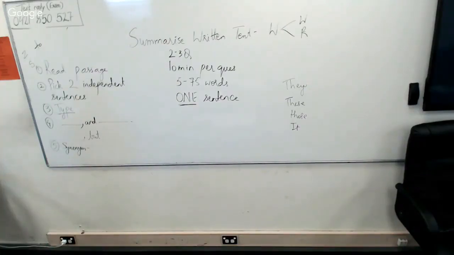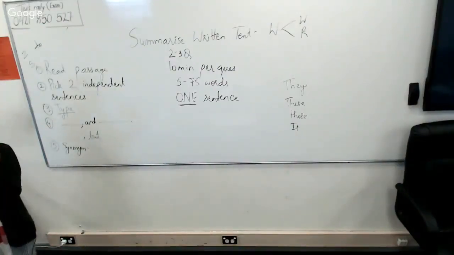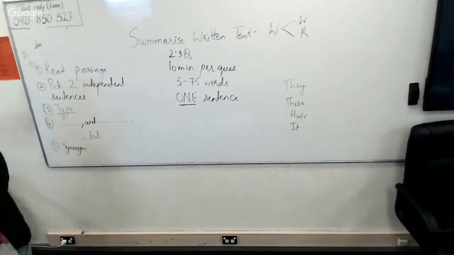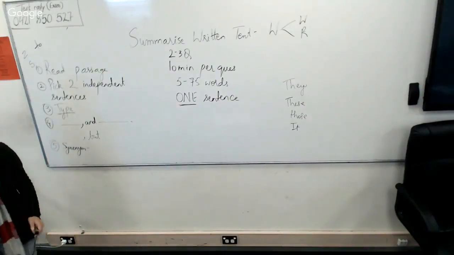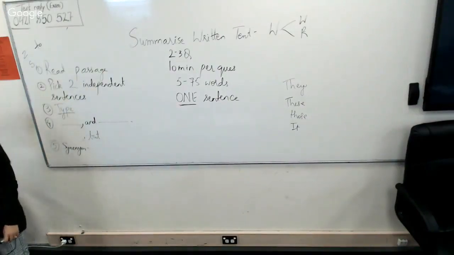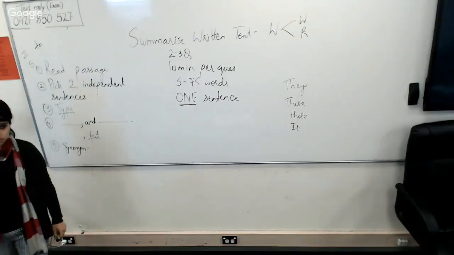Tell me, what word can you change here? Difficulties with challenges or problems. Okay. Anything else? Faces can be encounters or confronts. Good, right? So if it's easy for you, only then you will make the synonym change.